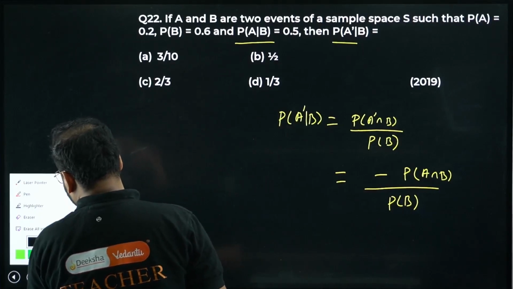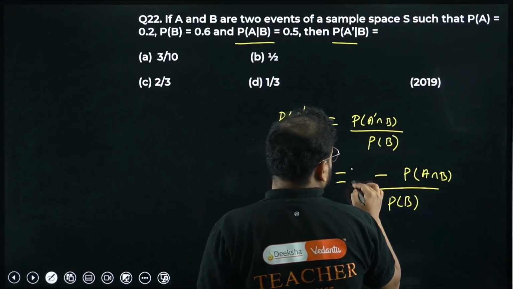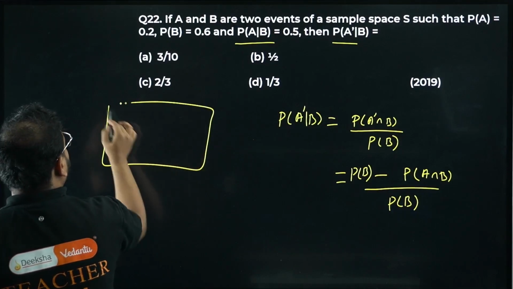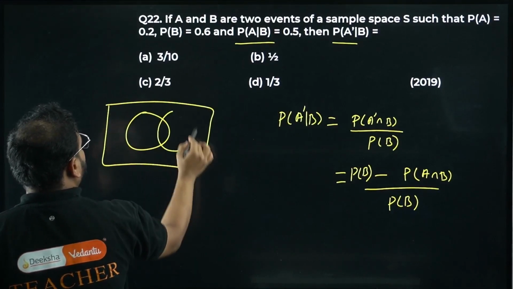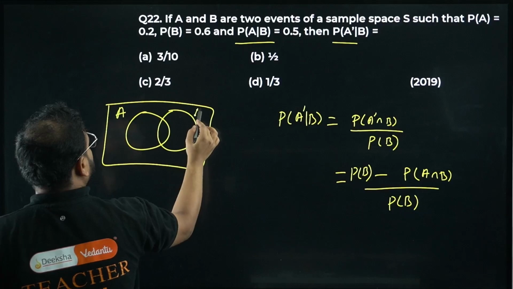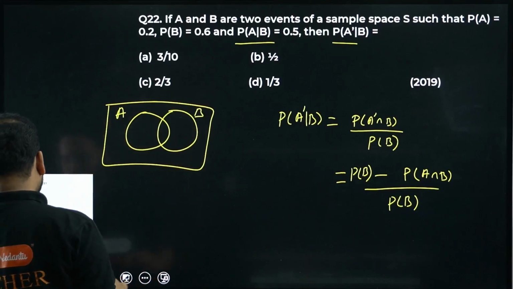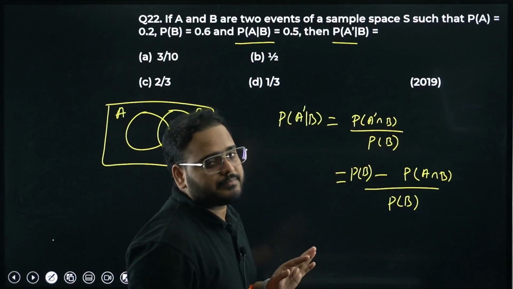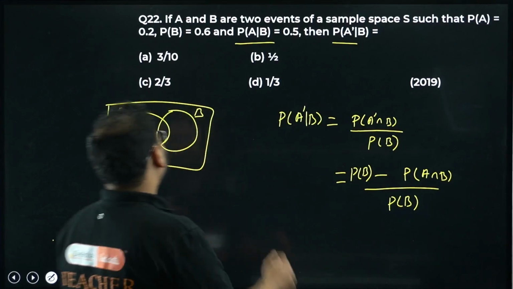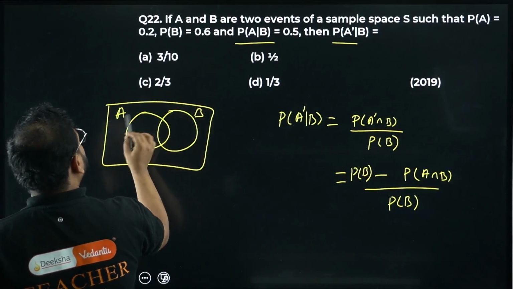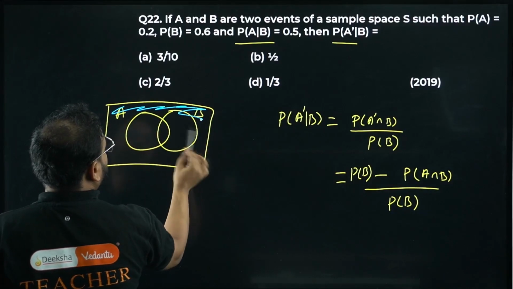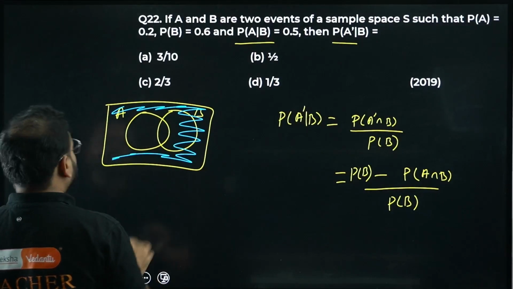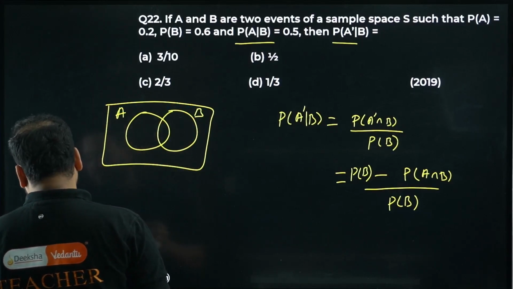I'll show you that in the Venn diagram, don't worry. How can I say that? Have a look in the Venn diagram. If I have two events, A over here, B over here, now I'll show you the meaning of the intersection. I'm looking for the intersection of B with not A. This B with not A is basically this. So only the B part. Outside was the condition of not A. The intersection of B with not A is only the B part.